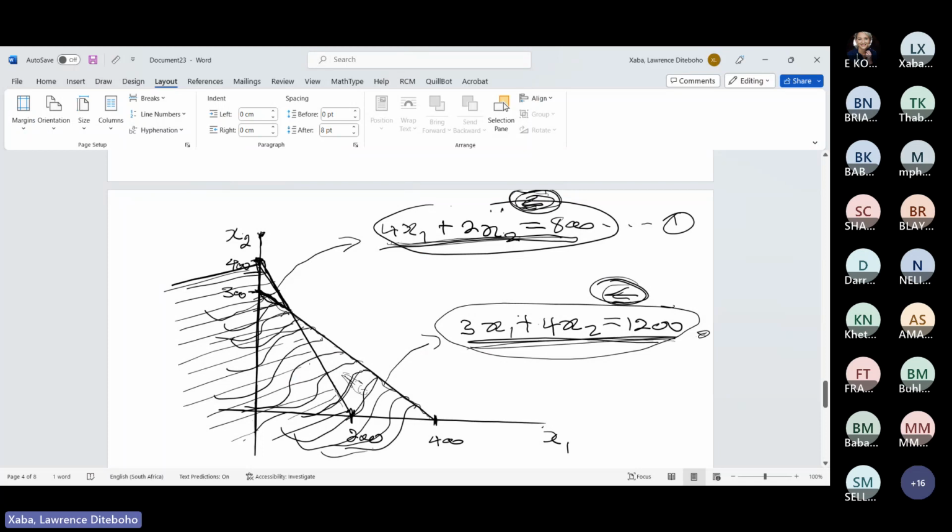If those are the only lines you can find in that portion, it means that is not a feasible region.